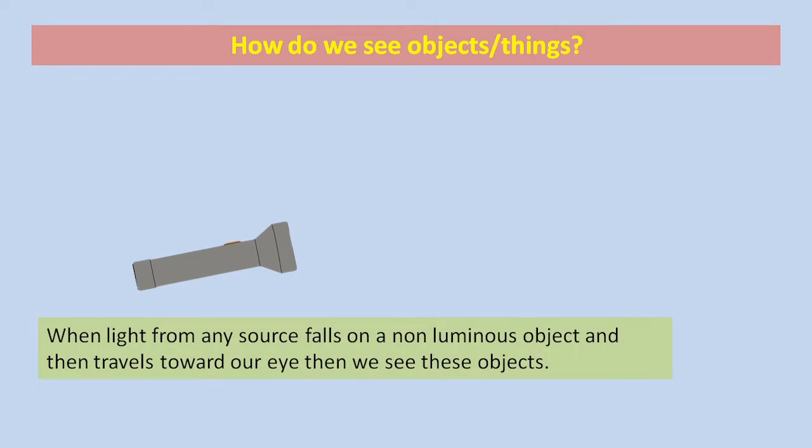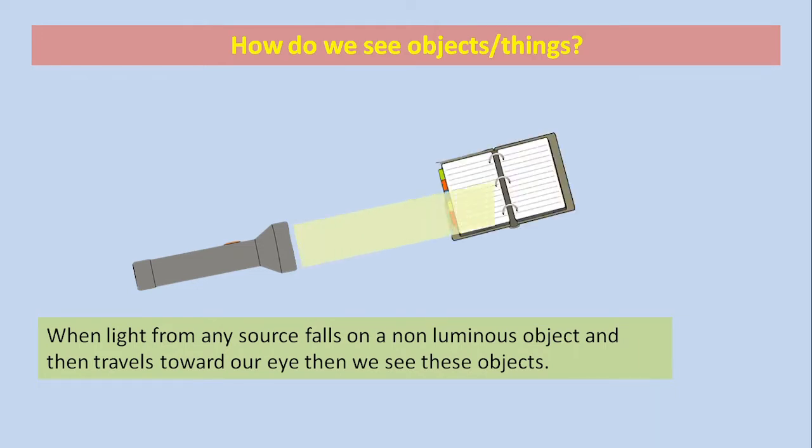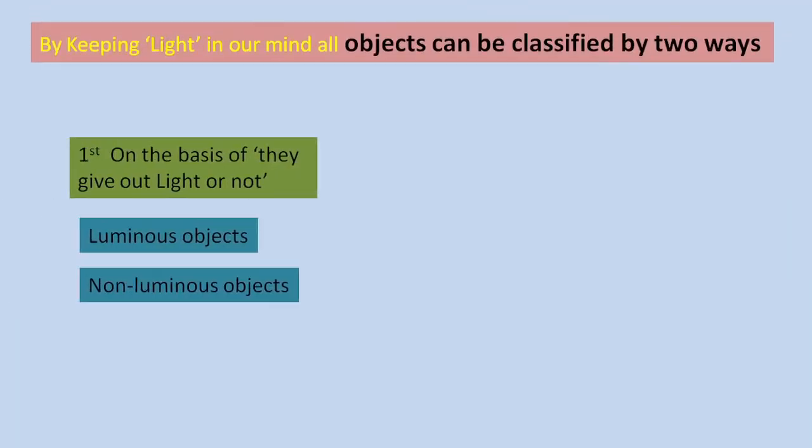When light from any source travels toward a non-luminous object, then it travels and enters in our eye. Then we can see the non-luminous objects. It means we can say that to see a non-luminous object, we need a source of light. This was the first classification of objects.